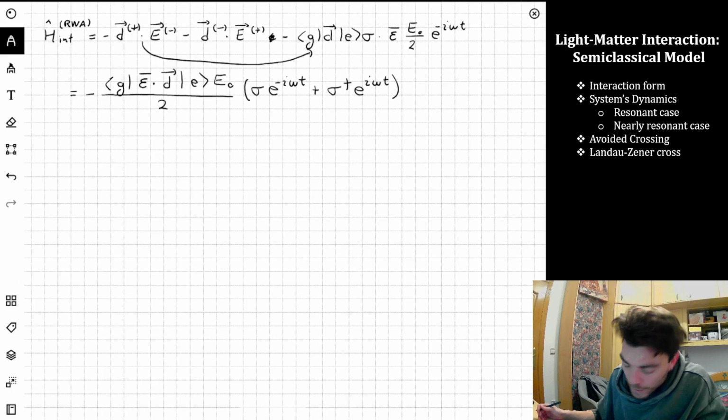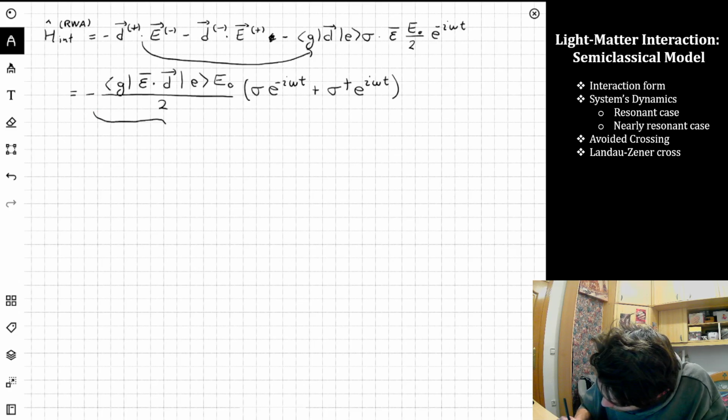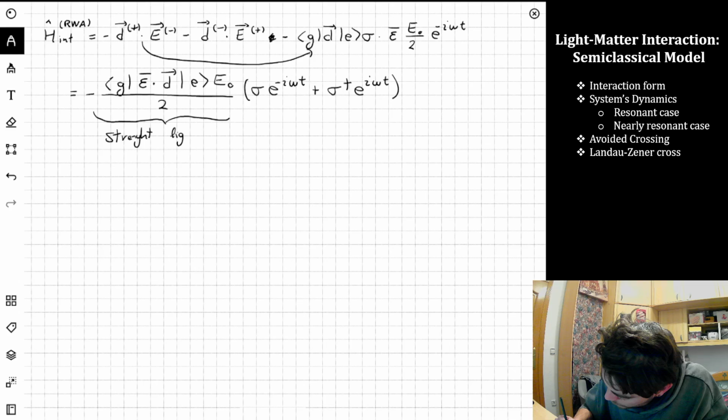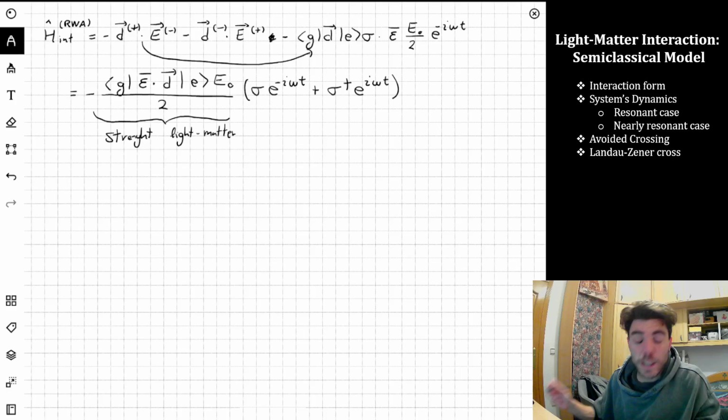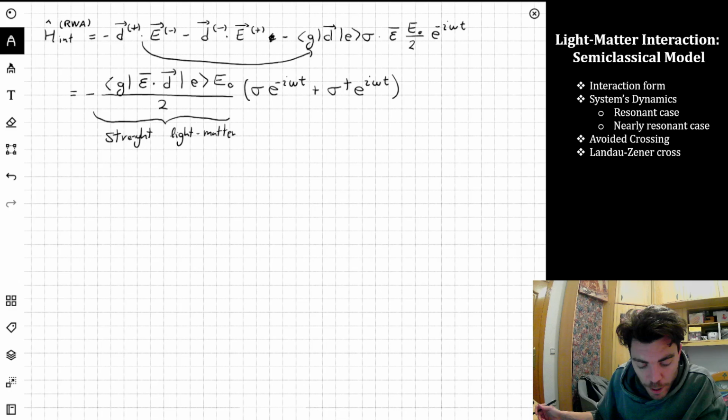Consider a semi-classical case. Alright, and now all this term that multiplies here is characterizing the strength of the light-matter interaction, the actual strength of it. If the field is high, the interaction is higher. If the atomic dipole moment of that atom in particular is high, the interaction is also bigger.